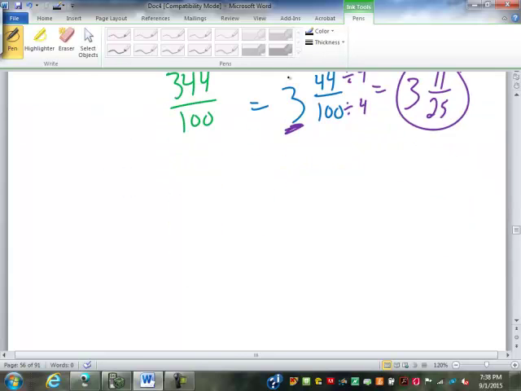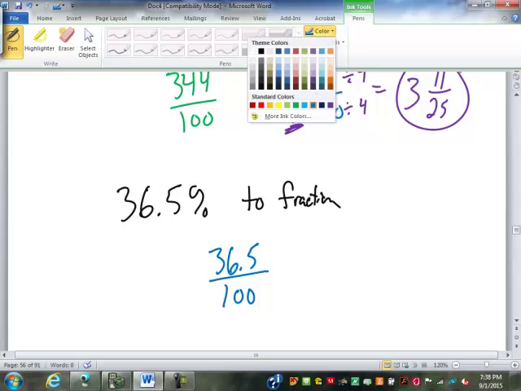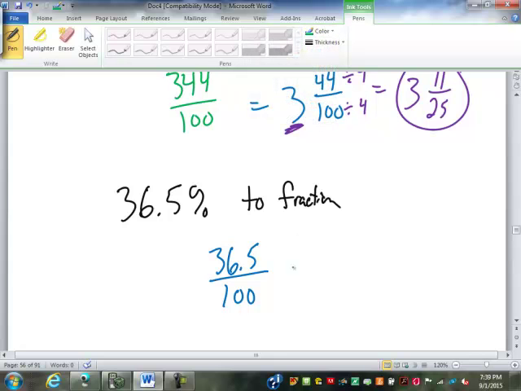How about this? 36.5% to a fraction. 36.5 over 100 is where we start again, as usual. And then we have to get rid of the decimal.